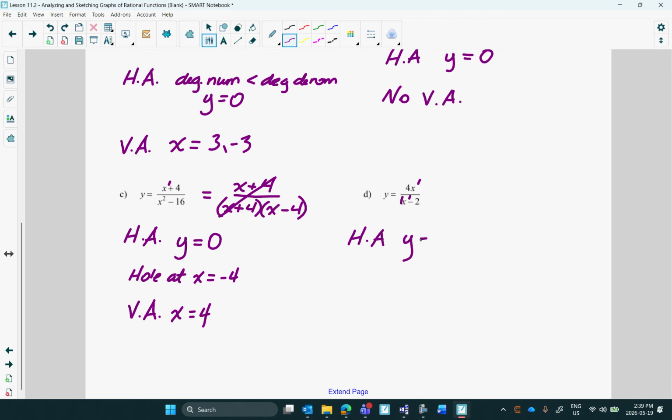Y equals 4 divided by 1, which is 4. Vertical, I can't cancel, so there are no holes. Just the vertical asymptote at, say it properly, x equals 2.